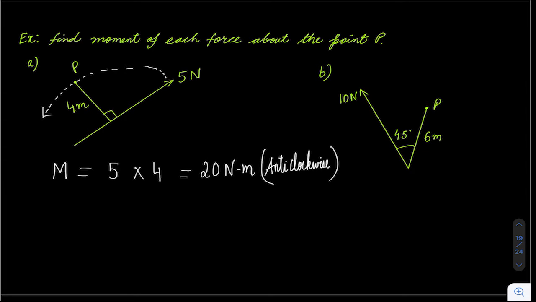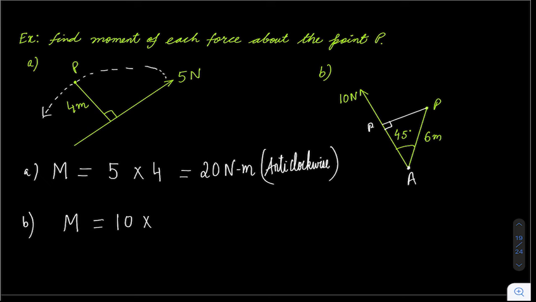Okay, now let's try part B. In part B, the force is 10 newtons, the point is P. We know that moment will be equal to the magnitude of the force, in this case 10, times the perpendicular distance. Let's take this point as A. We know PA is 6, but that is not the perpendicular distance. So first you have to find the perpendicular distance. Drop a perpendicular from P to the line of the force.